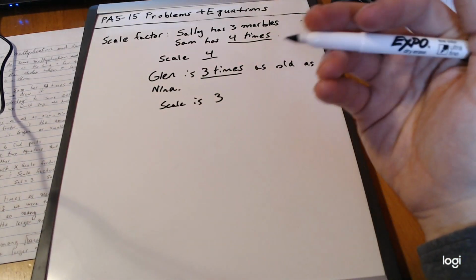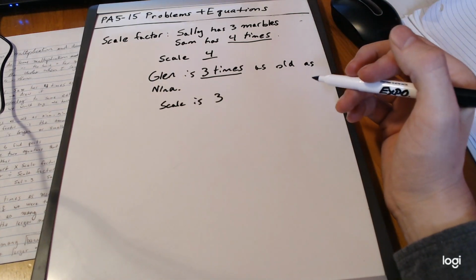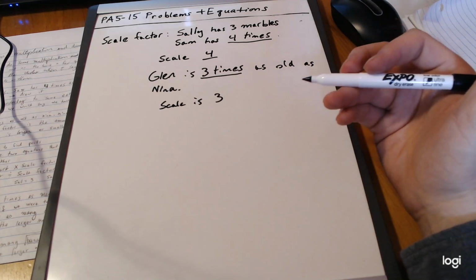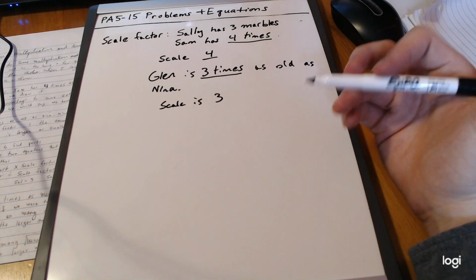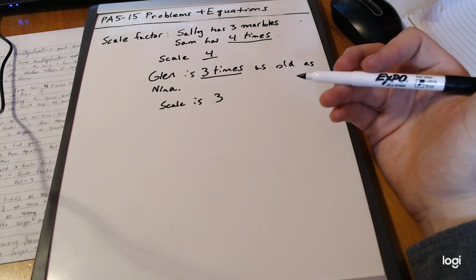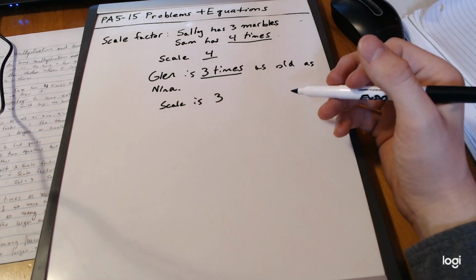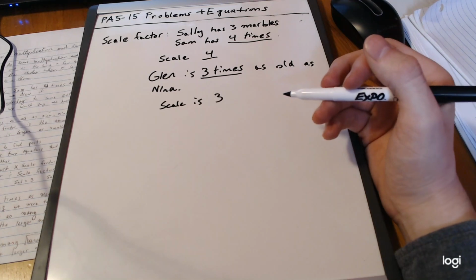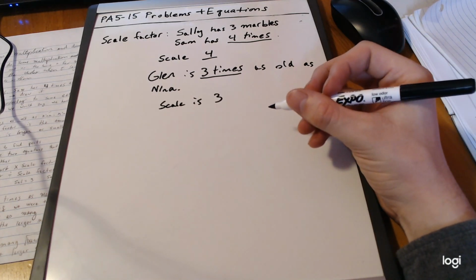If you see 3 times, 4 times, 7 times, a bazillion times, that is what we're dealing with. When I think about this, I think of an army sense: they met an army twice their size, or he was twice his size, right? That means he's 2 times as big. So that's the scale factor, and that's where I get it the most easily.